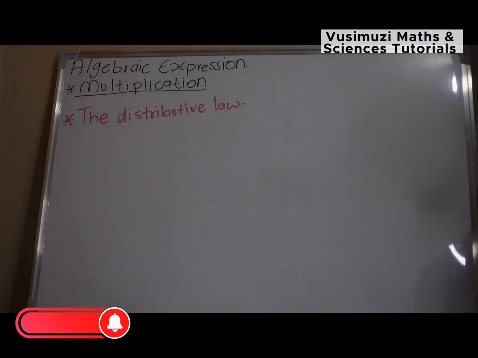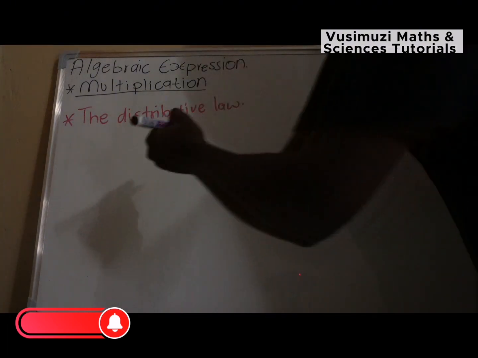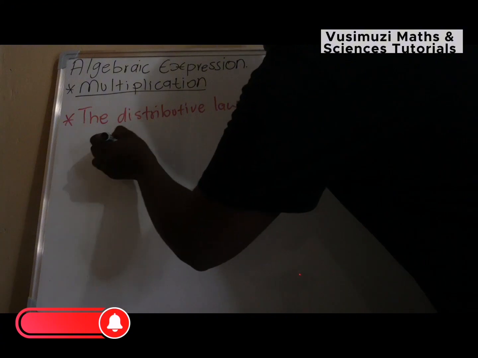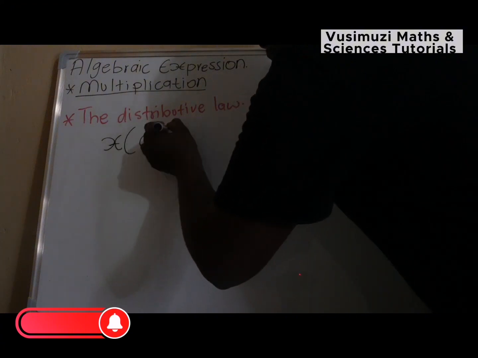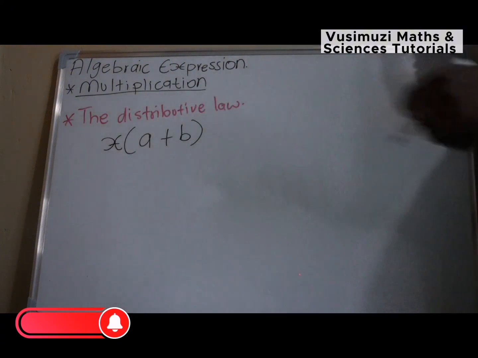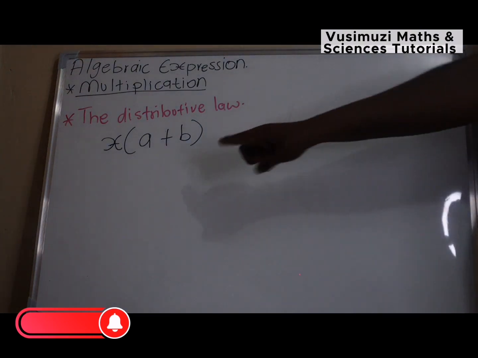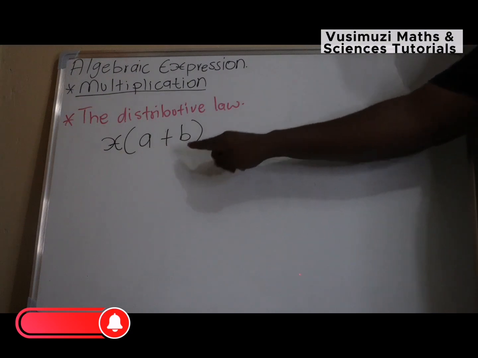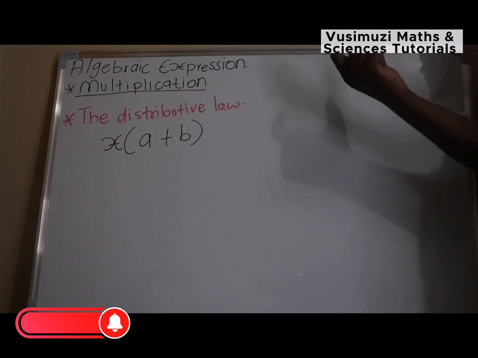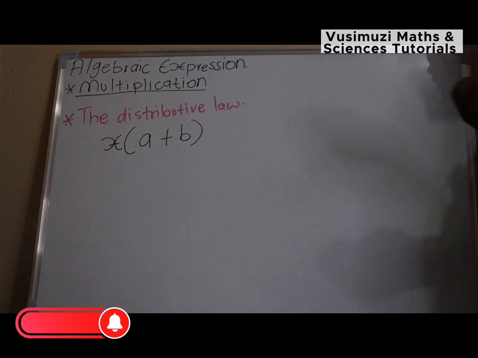Now, what is an example of a distributive law? If you've got x, bracket a plus b, the question will say expand and simplify this. x into a plus b. Remember, this is a product. Why?